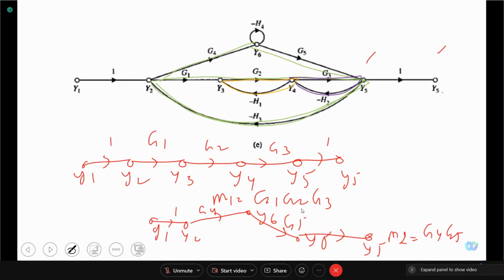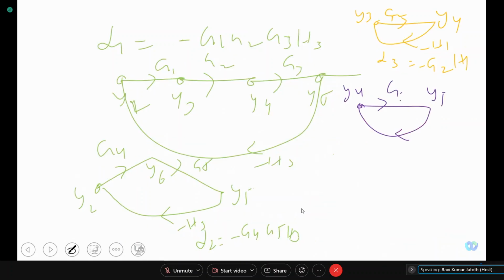Y4, Y5 is G3 minus S2. So L4 is minus G3H2. All right. Yeah.